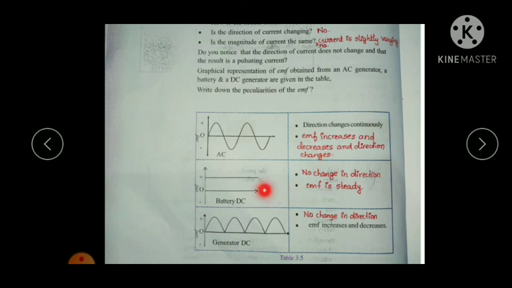Then here you can see there is no change in the direction of the current, and EMF is steady. So we will get a constant EMF from a battery. Then in the case of DC generator, there is no change in the direction of current, but EMF increases and decreases. EMF once it increases, then decreases, then increases, decreases. So these are the graphical representation of EMF obtained from a generator.